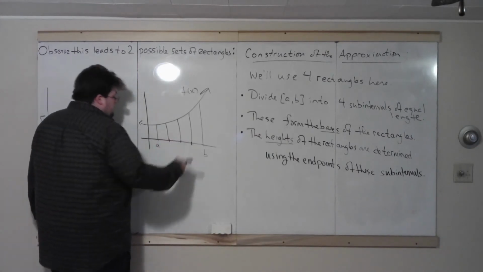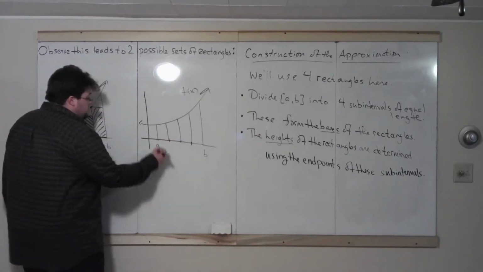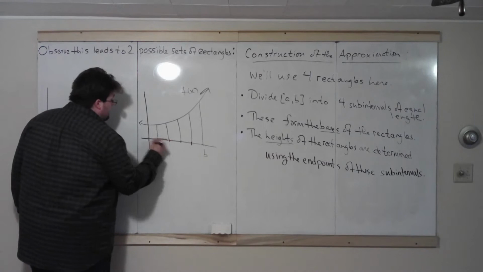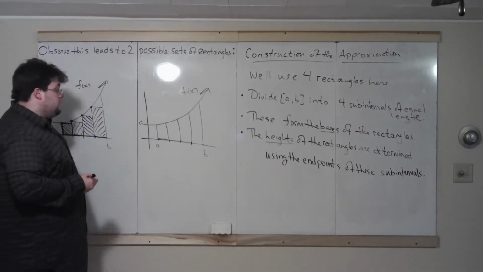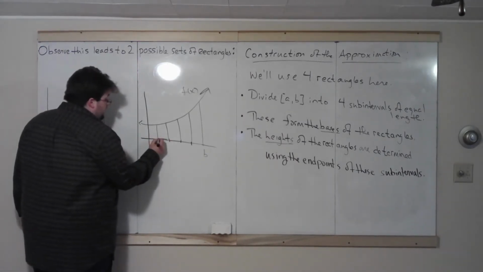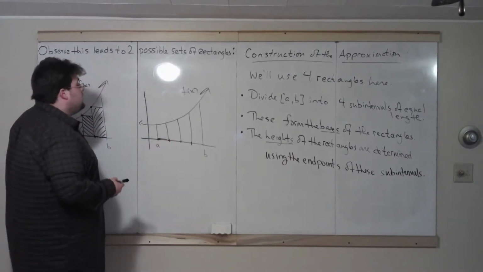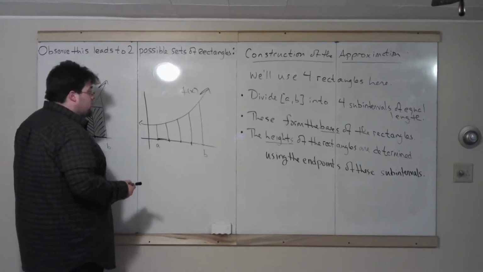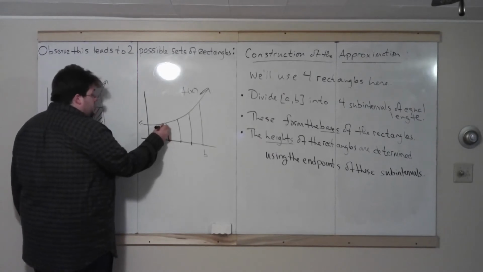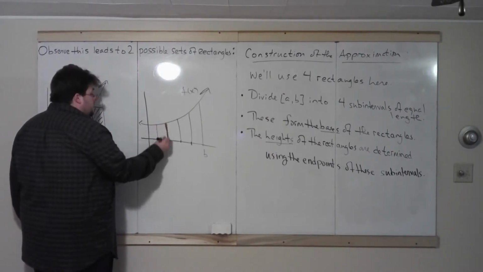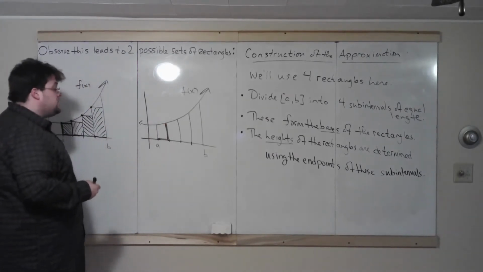Now, what does it look like using right endpoints? Well, we still have the base of the first rectangle there, with left endpoint at A, right endpoint at whatever that value is. So the height of the first rectangle is going to be determined by the right endpoint. It's going to be given by that line.